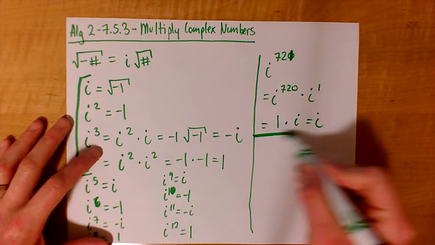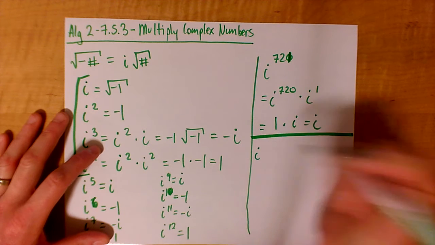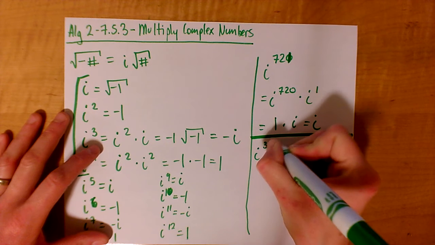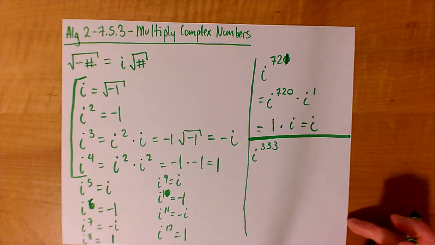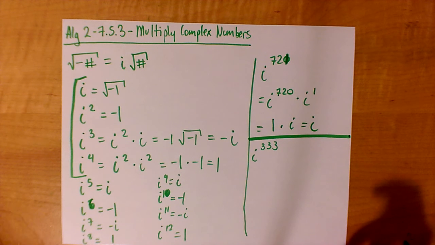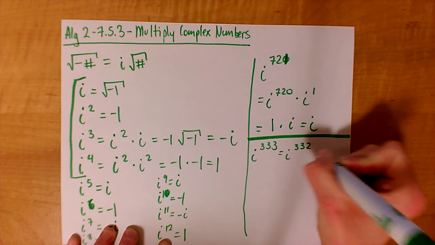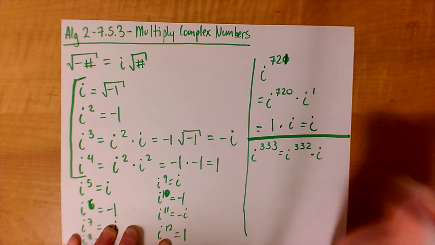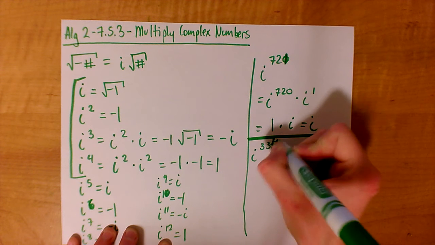Okay, and so we could do this again. We could think of some large number, how about i to the 333? We work backwards to the next perfect multiple of 4. Let's make this interesting, let's go i to the 334.